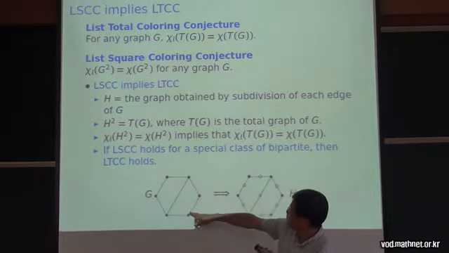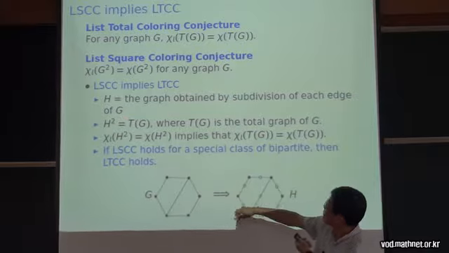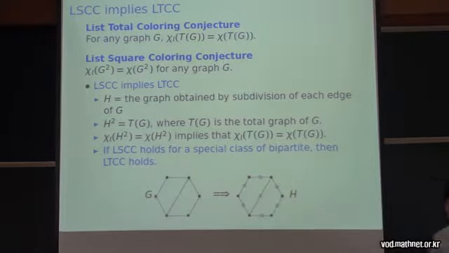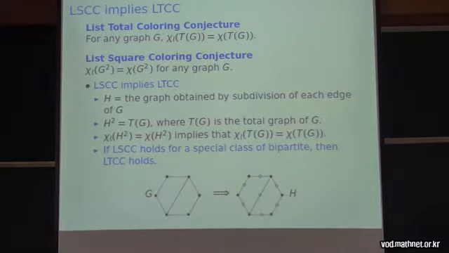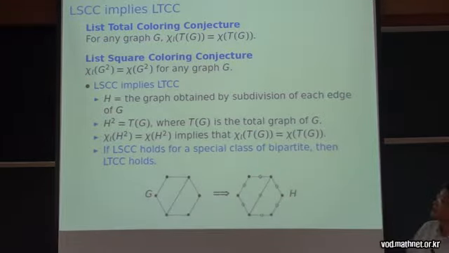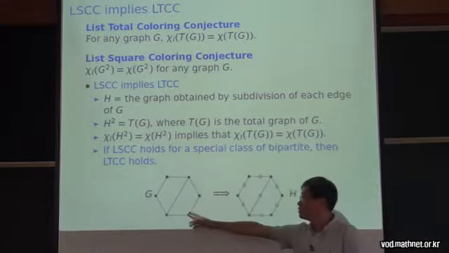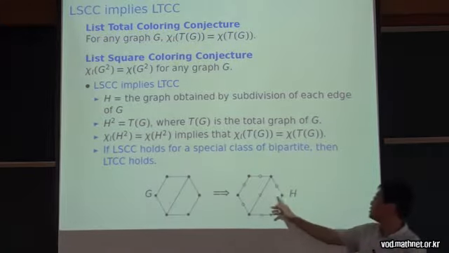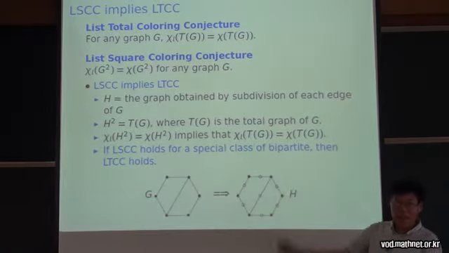The original graph G, and then H is obtained by subdividing each edge. And then we make H squared. Then coloring of the total graph of G is exactly coloring of the square of H.